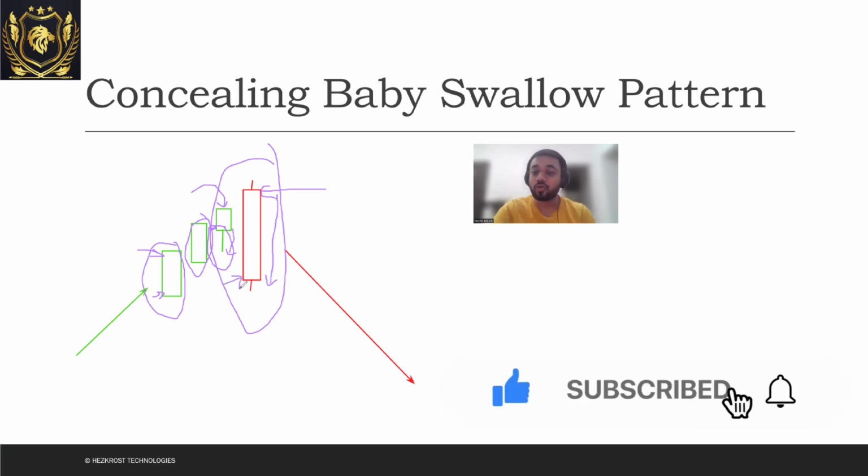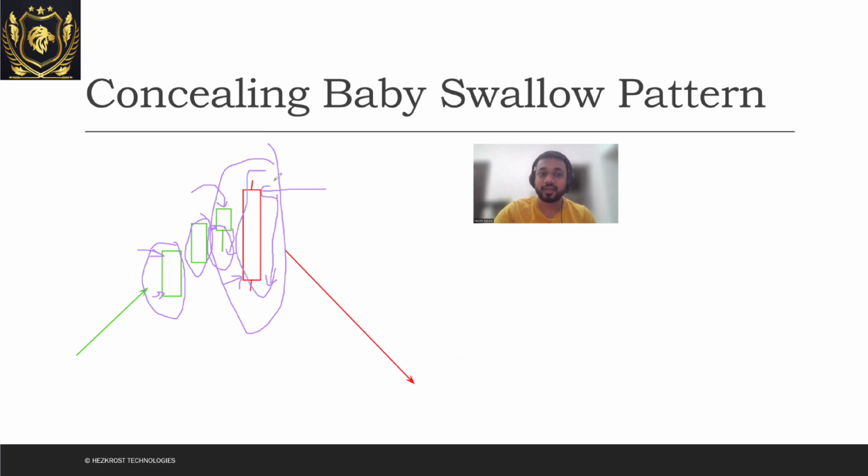So now you can be pretty sure that the sellers have overpowered the buyers, and that's why a very huge red candle engulfs the baby candle from before. Therefore you can see a reversal in this stock. This is what the concealing baby swallow is all about.